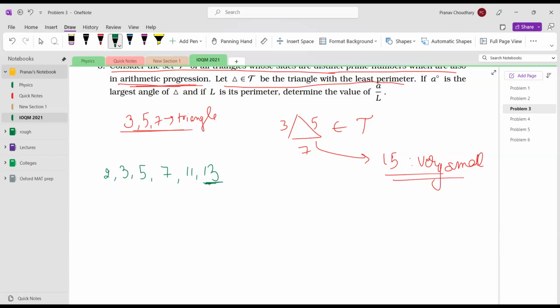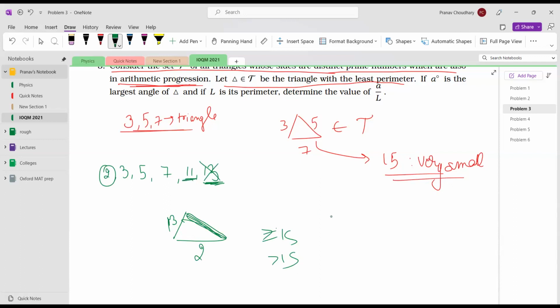Now see, if I take a triangle which has side length 13, the minimum the other sides can have is 2 and 3, so the perimeter will be greater than 15, since the other side is a positive number. So 13 cannot be a side of the triangle.